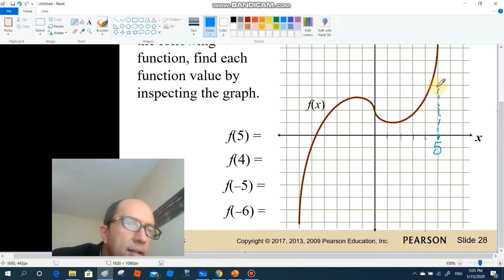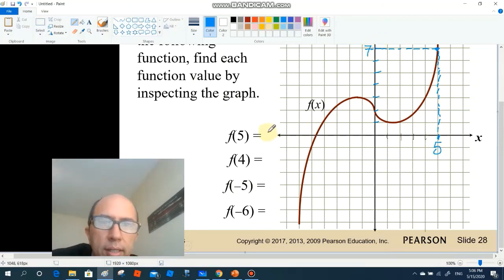And when x equals 5, y is going to be 1, 2, 3, 4, 5, 6, 7. So when x equals 5, y equals 7. That means function of x equals 5 equals 7.